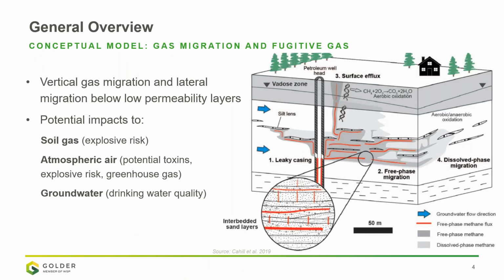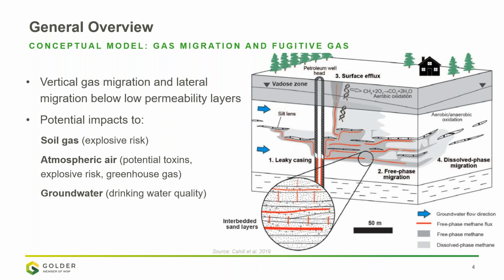So this schematic shows the conceptual model for gas migration. Gas migrates up the well casing or annular space, and where there's a leak in the casing, it can escape into the adjacent bedrock or soil. So we can have free phase methane gas migrating laterally under lower permeability layers.